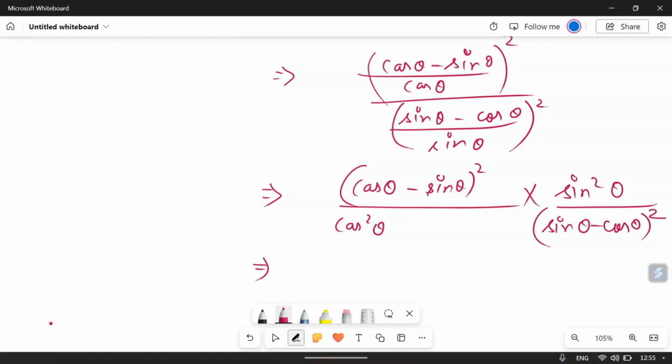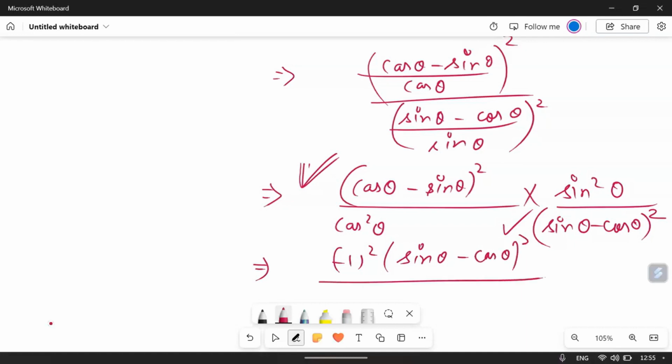So either you can take out common minus 1 from here or minus 1 from here. So take out from anywhere. If I take out the common minus 1, it is square, minus 1 squared, cos theta will become negative and sin theta will become positive. So it will look like that, sin theta minus cos theta whole square.